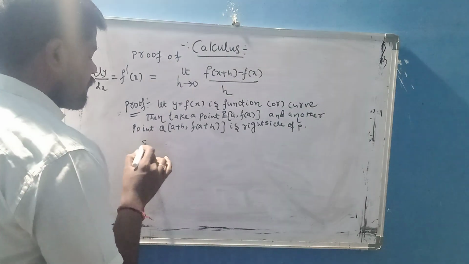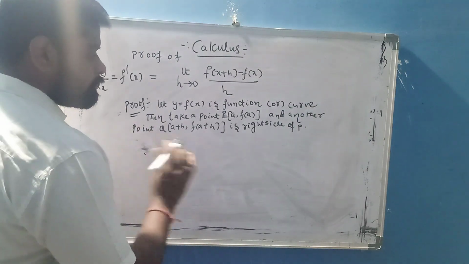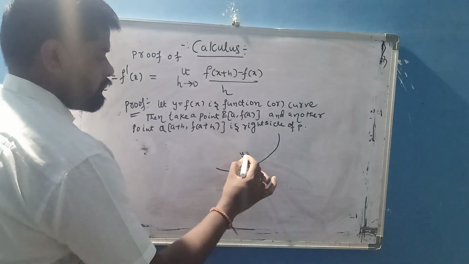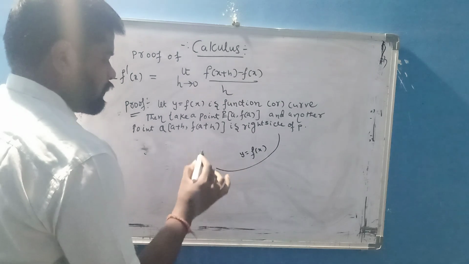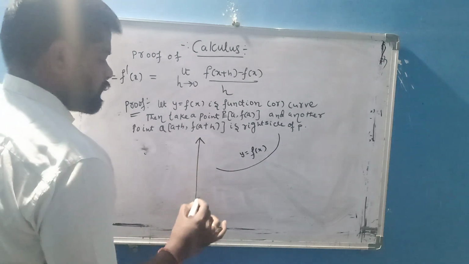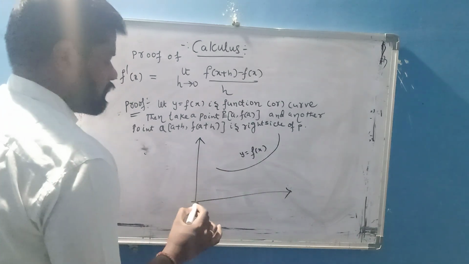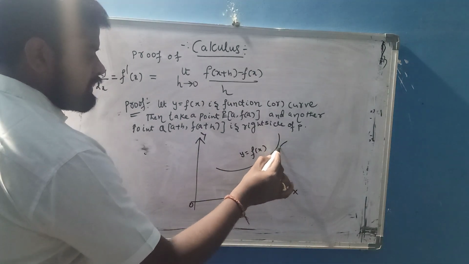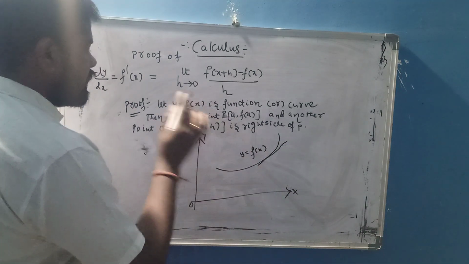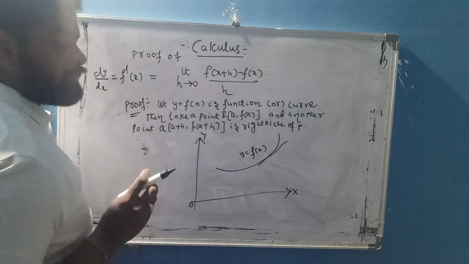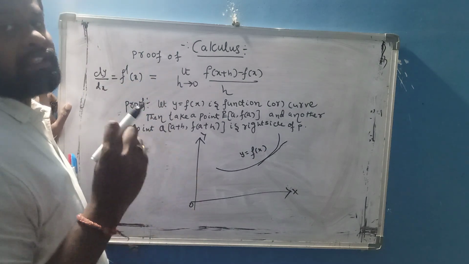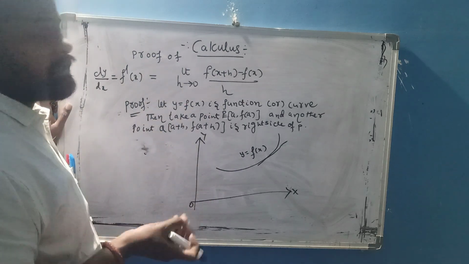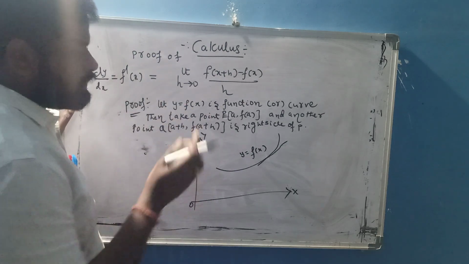I am taking a diagram like this. Please see that y equal to f of x is a curve. This is the one curve, in the xy plane. Here is one tangent, because the change of the function, dy by dx, f dash of x, means the derivative, is how it changes with respect to the limit applied. After applying the limit, how the given function changes.